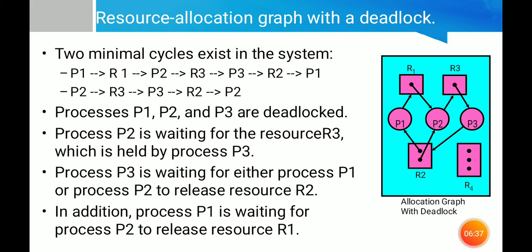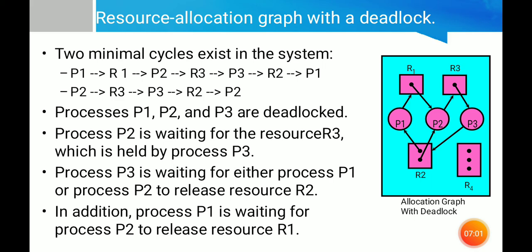Hold and wait. P2 is holding R2 and it is waiting for R3, which has been allocated to P3. That is one problem. P3 is waiting for P1 to release the resource R2, since it is being used by P2, and P3 is holding R3. So it has hold and wait. So it is confirmed that there is a deadlock.